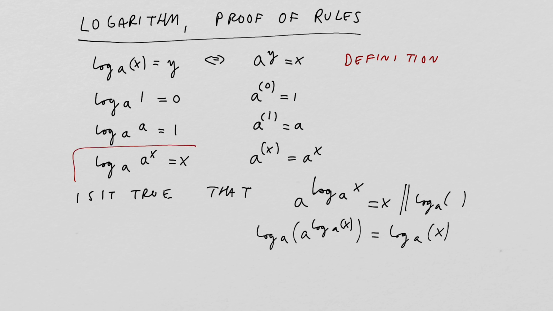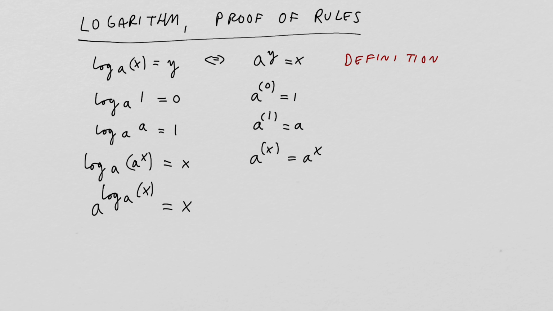Because of this rule, we can here cancel out the logarithm and the a, and we see that the result is true. So we see that logarithm and the exponential, they are inverse functions, so we can cancel them out in this way.